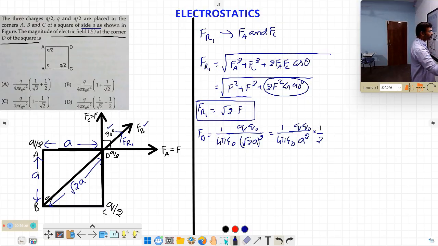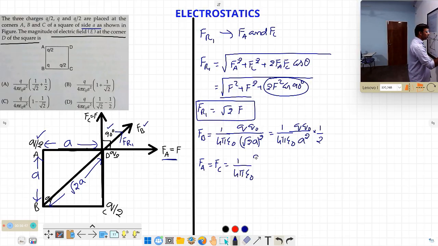So here FB value in terms of F, what is F here? This F is the force between Q by 2 and Q naught. So that force I can write as FA is equal to FC is equal to 1 by 4 pi epsilon naught.